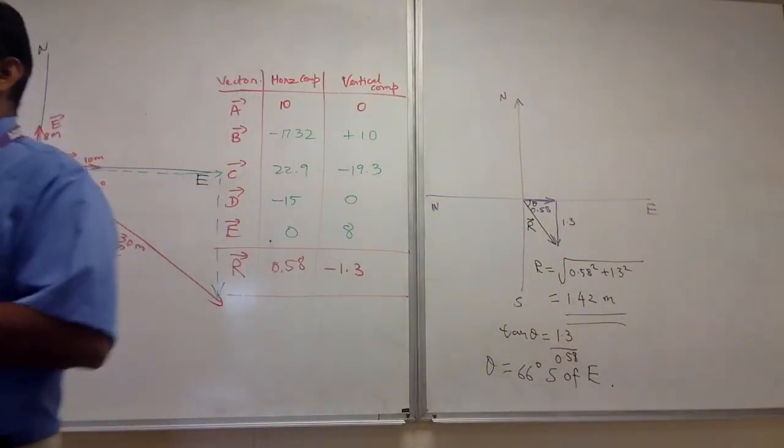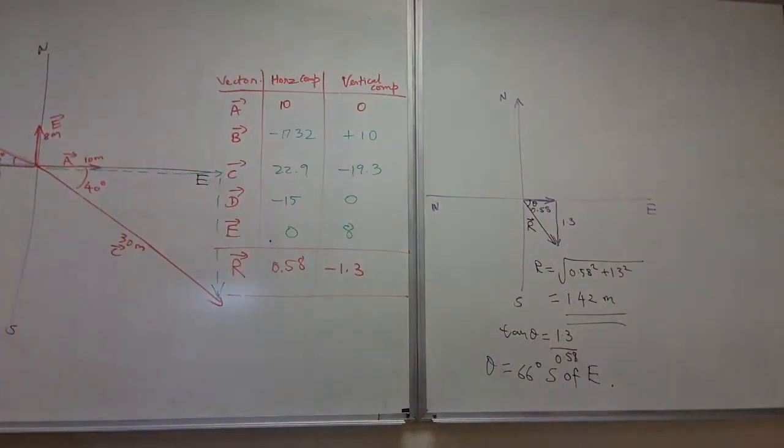All right. How did this go? You did 5 vectors at the same time. You're finding the resultant of all 5 vectors at the same time. What is going to be the difference if I give you 10 vectors?